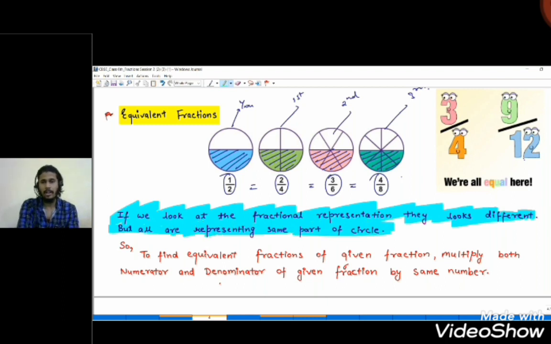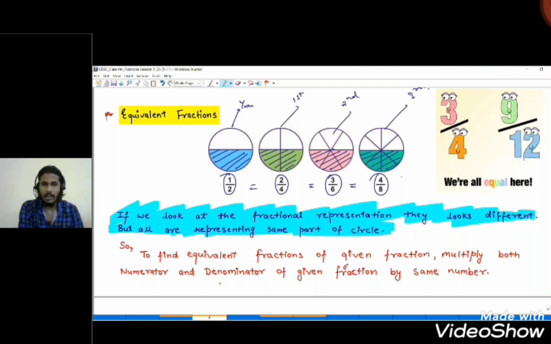Though it may look different, the cakes have been divided into different numbers of pieces, but at the end of the day, the fractions they correspond to are all the same. 1 by 2 is the same as 2 by 4 is the same as 3 by 6 is the same as 4 by 8 because they all are half.